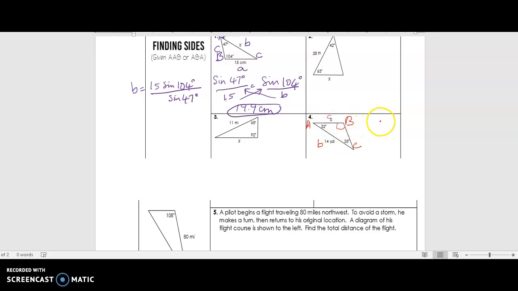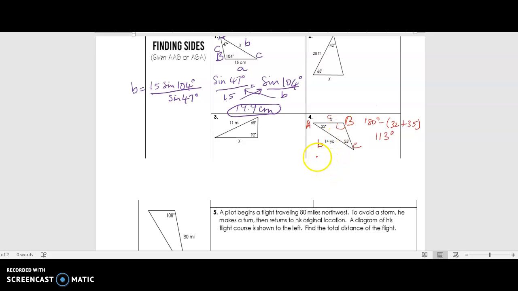We are using sine C over c, but what is C? C is 180 degrees minus 32 plus 35, so that would be 113 degrees.